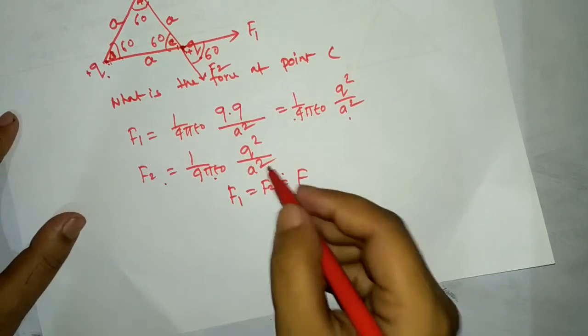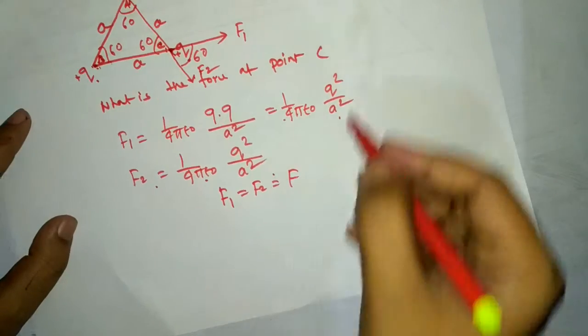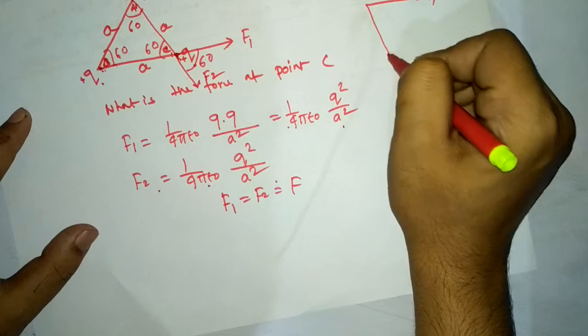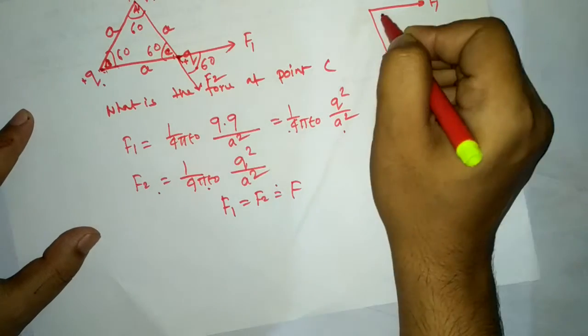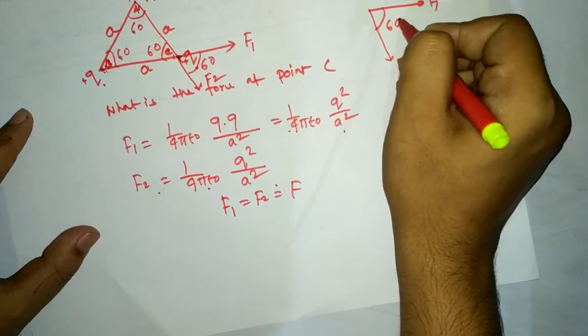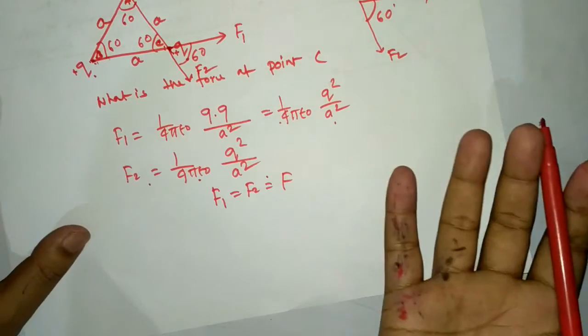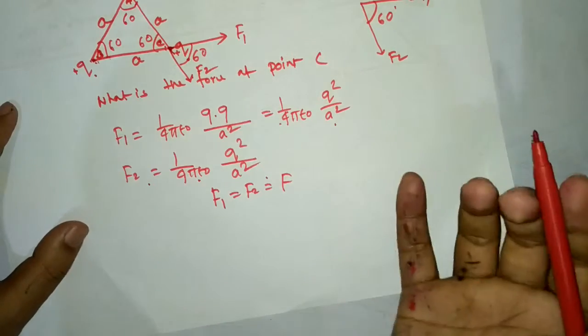Now what is the net force acting? Because we need to find the net force. One force is F1 in this direction, another force is F2 in this direction, and the angle between them is 60 degrees. Now which formula do we need to apply? The vector formula. What is the formula for the resultant vector?